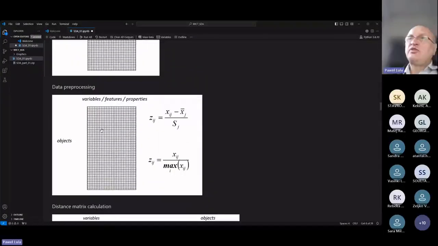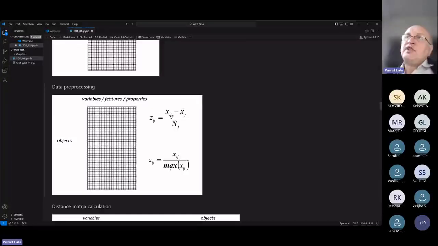And as I mentioned earlier, I can perform some initial operations. For example, standardization. Here we see the formula which I can use for standardization.